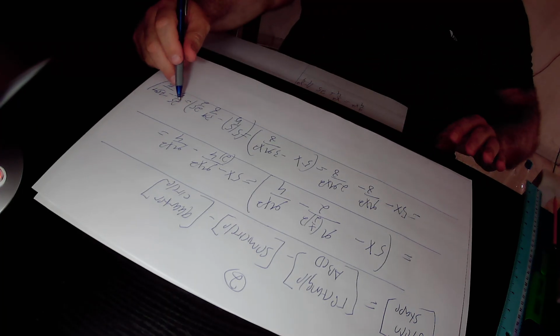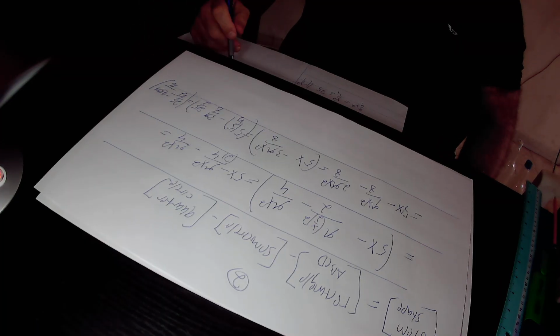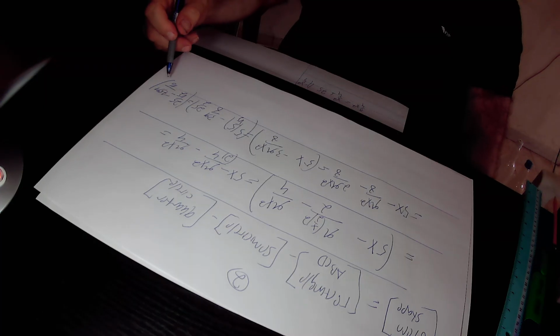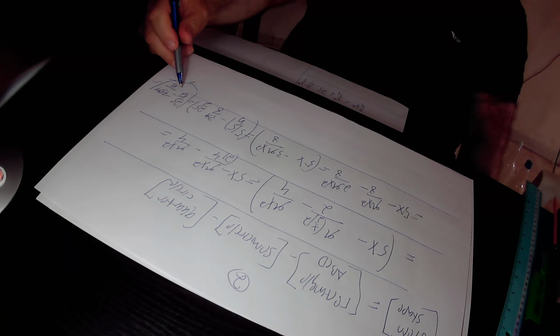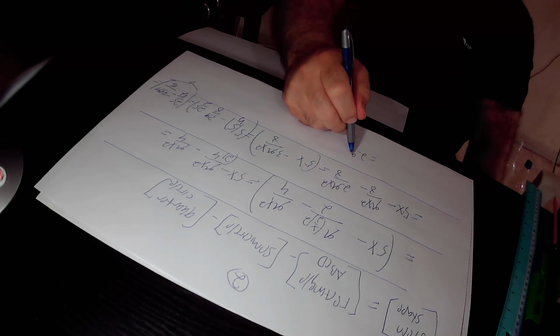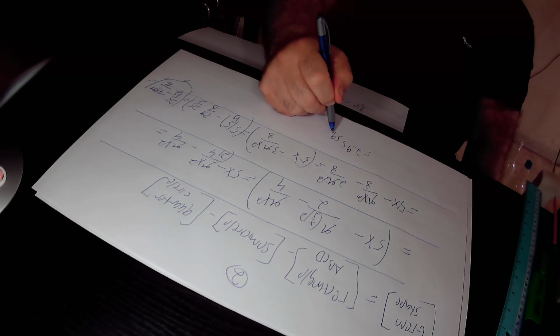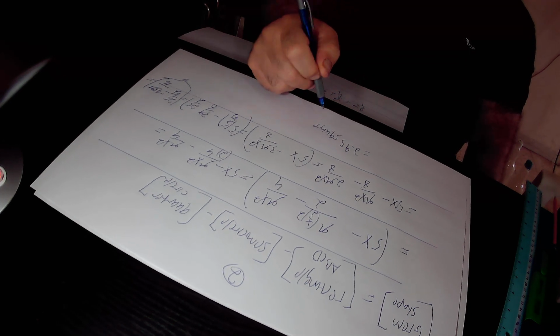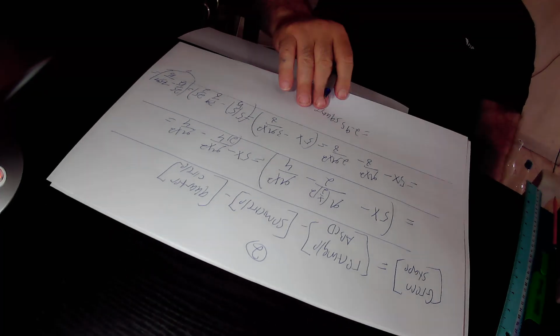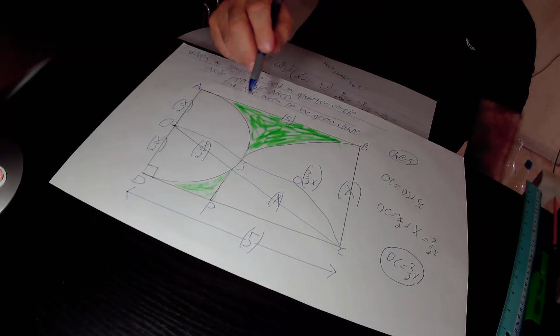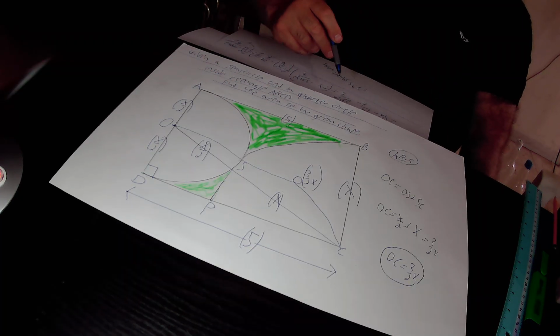Okay, so in total we found out that the area of the green shape equals 25 over square root of 2 minus 75 pi over 16 square units. The value of this expression in terms of numbers equals 2.95 square units. So in total we found out that the area of this green shape equals 2.95 square units.